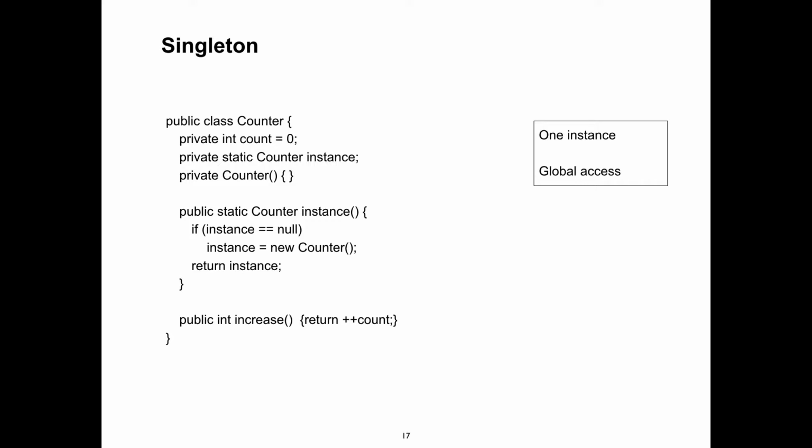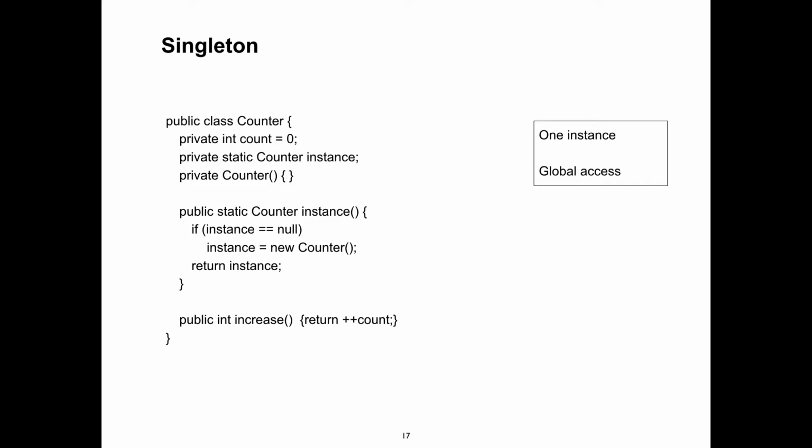So there we go. Here's an example. I have a counter class, and it has a private field, and then I have a private static field that contains the single instance, which in the pattern they call instance.